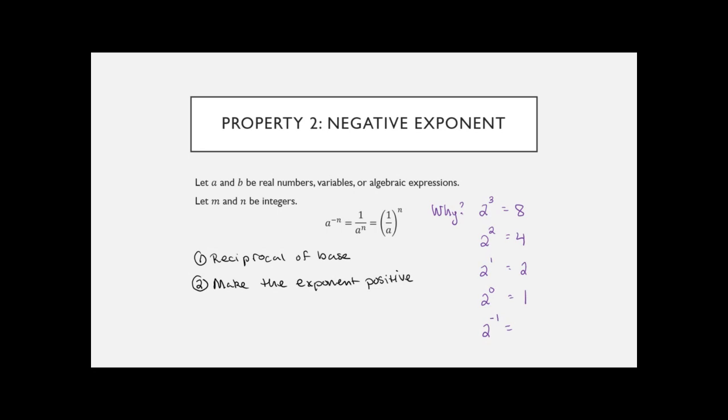We saw on the previous slide that as you went down, you were dividing by 2. We kept dividing by 2, and that would give us the next number. 2 divided by 2 gives us 1. So if you continue that pattern, 1 divided by 2 is 0.5, or basically 1/2.